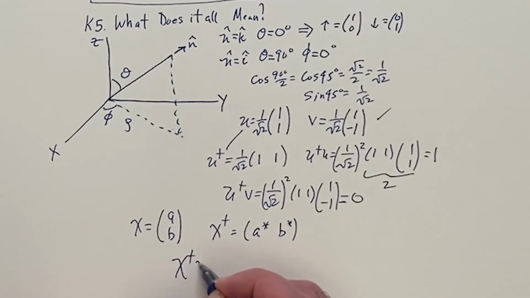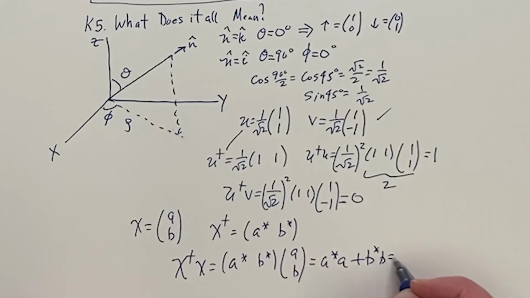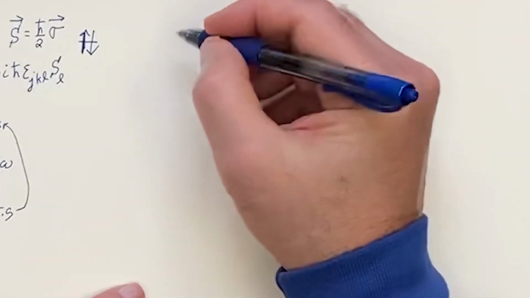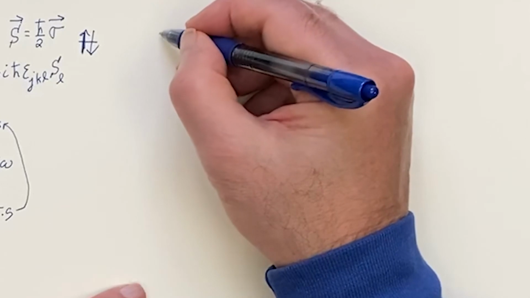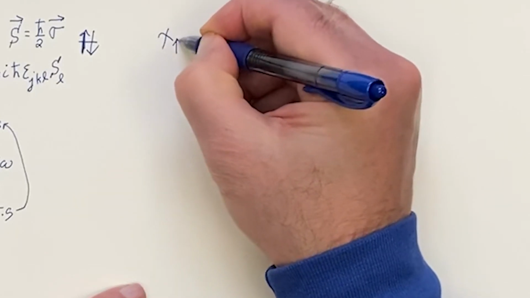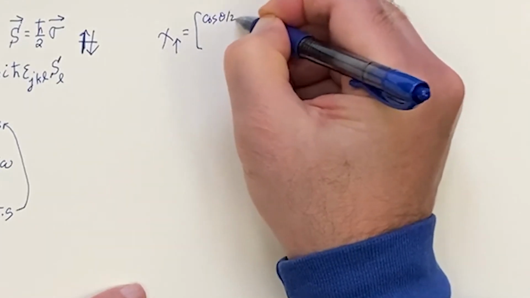And then if you hit these together and use the rules of multiplication for matrices, you turn that sideways, you get A star A plus B star B, and that's 1, that's normalization. So that's kind of cool. All right, so that helps us understand what the meaning is. And this helps us understand this up or down nature, helps us understand what we did here when we had this general case like this.